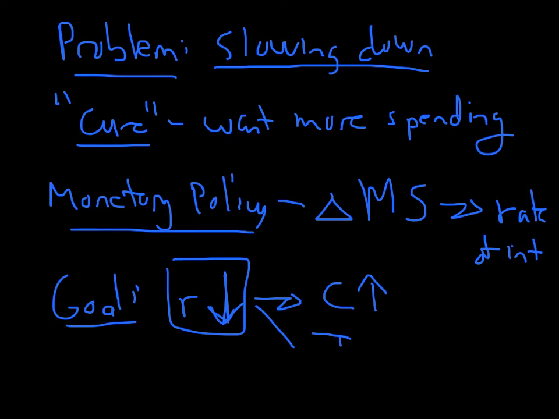And also business investment: if the rate on a loan at the bank is lower, businesses also will borrow more and invest more, and this all leads to more spending. These are components of GDP, so GDP should increase, hopefully reversing the slowdown in the economy.